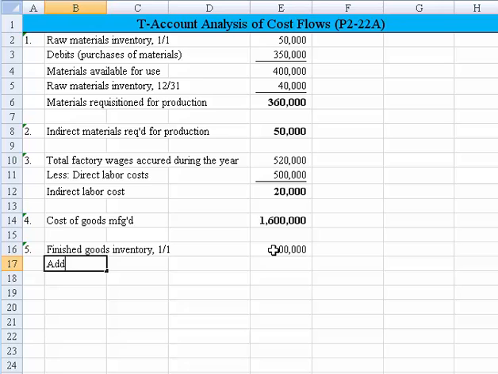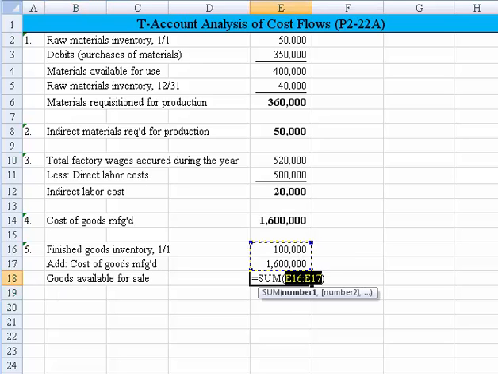And then we need to add to that the cost of goods manufactured, right? And we get that from the work in process account. We already calculated that, so we'll just reference that cell. It's the 1,000,006. And then what we come up with is finished goods available for sale. Usually that can be called just goods available for sale.